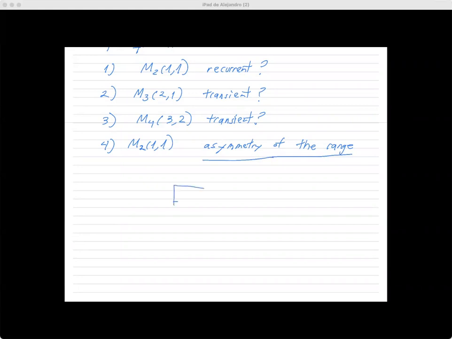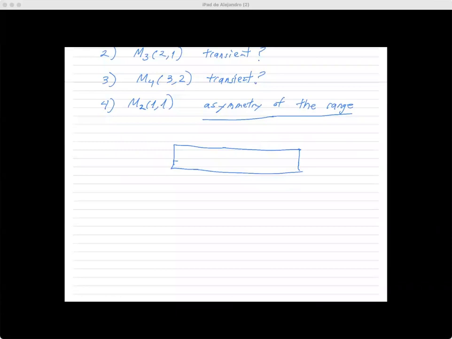Now it turns out that the frequency with which the random walk visits old sites is, you can show that the density of times with which you visit the old sites is positive, uniformly positive.